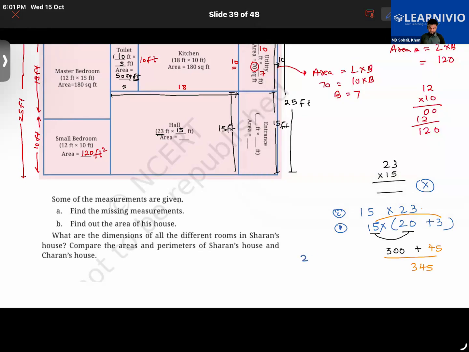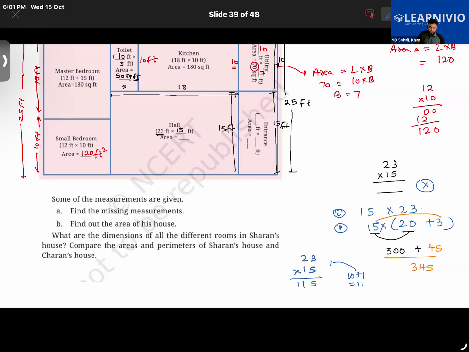Another method which you would have already learned: 5 threes are 15. So we write 5 here and we carry 1. 5 twos are 10, plus 1 that we carry, so that is 11. So we write 11 here.